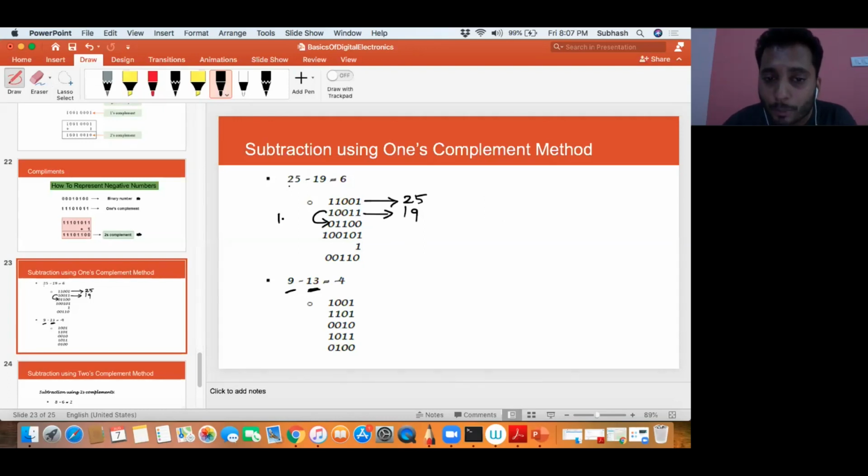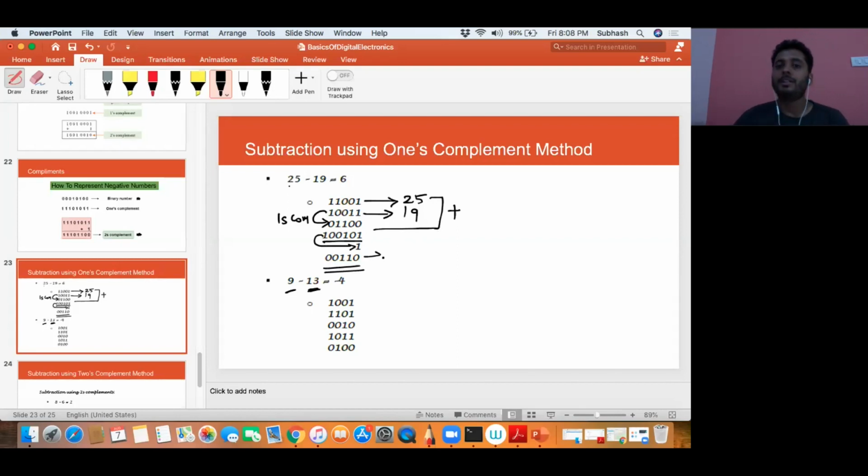Ones complement of the second number, you get the third number. Then add the first number and the third number. You add these two and you will get a result, which is nothing but this number. Once you get this result, take out this carry and add it to this result. You will get the final answer, which is nothing but 6.